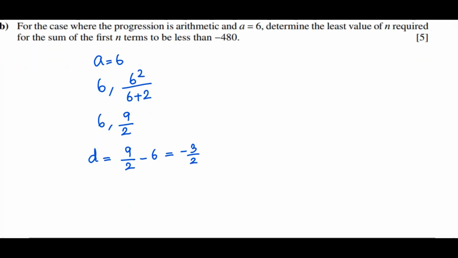So it's given, determine the least value of n required for the sum of the first n terms to be less than negative 480. So the sum of n terms formula is n divided by 2 times (2a plus (n minus 1) multiplied by d). The a value is 6, so 12 plus (n minus 1) multiplied by negative 3 over 2.